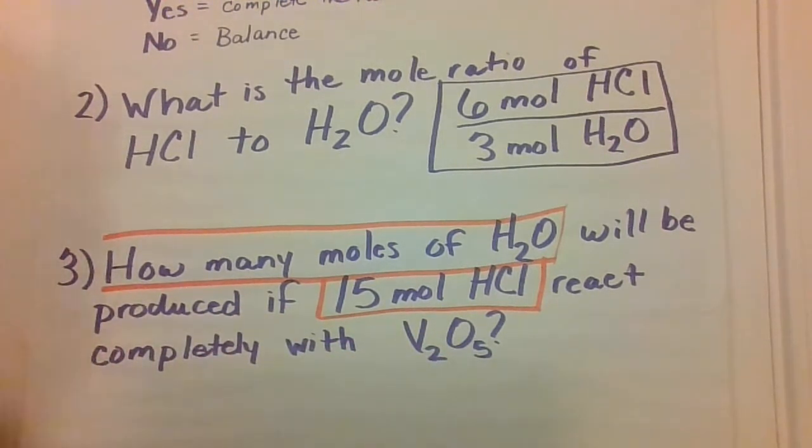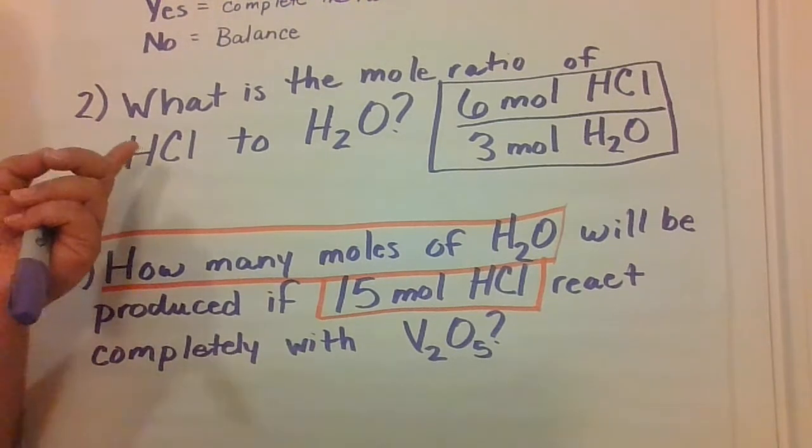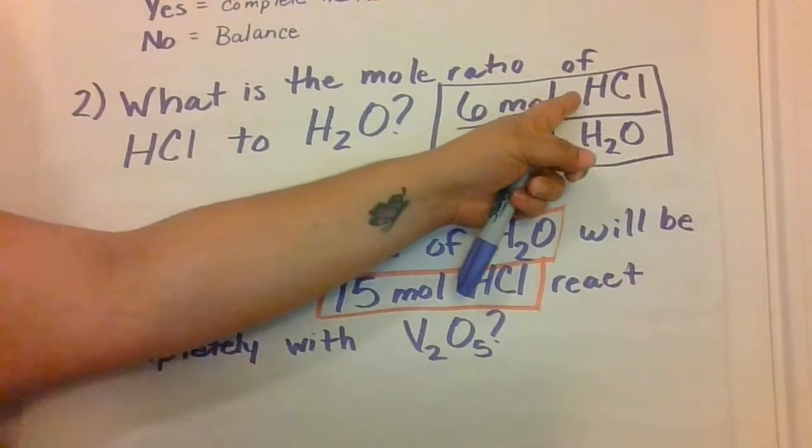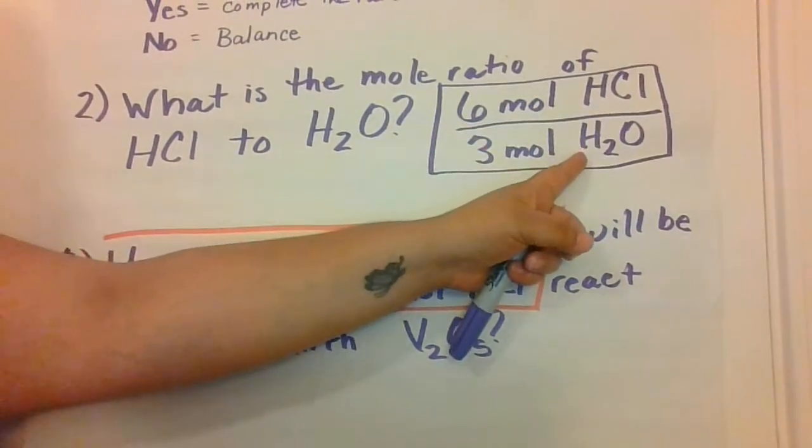If you look back, did our previous portion of this, meaning our ratio question, even ask us anything about the V2O5? It didn't, because it asks us for the ratio of this reactant and this product.